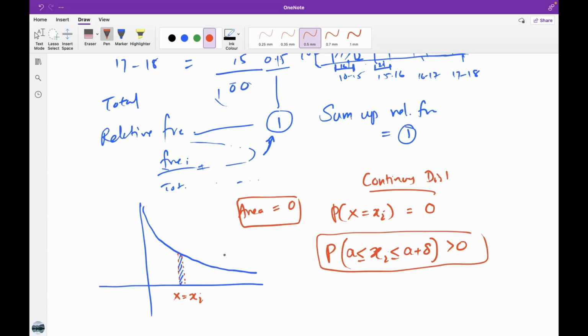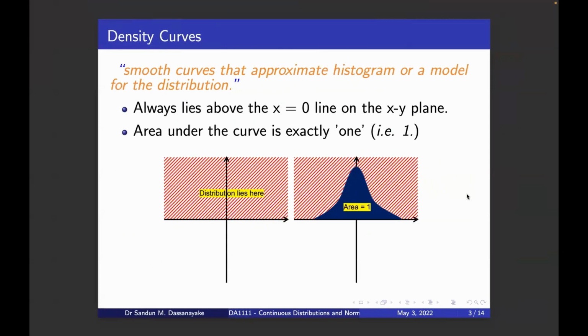So when I say this is a continuous distribution and ask what is the probability of X being equal to a value, it doesn't exist, it's 0. But when I ask what is the probability for a range, it exists. So you need to calculate the area under this curve to get the probability. Area under the curve is exactly 1.